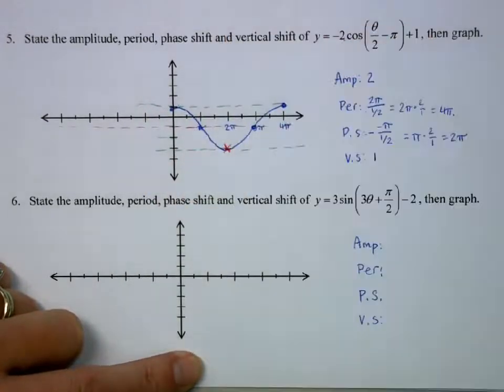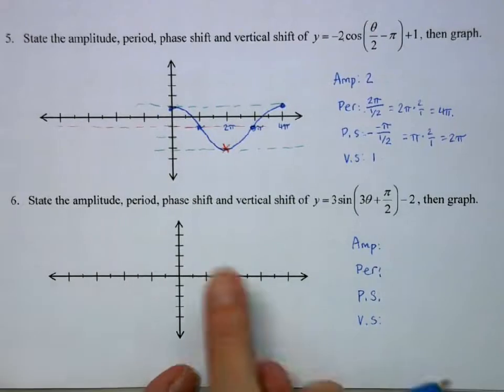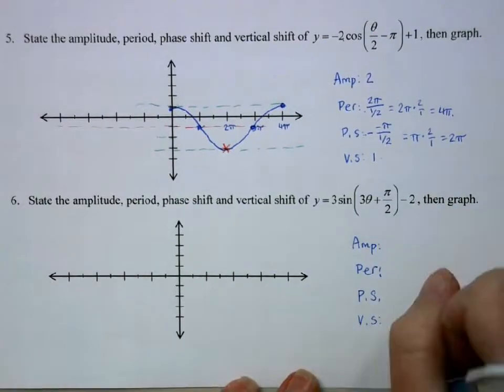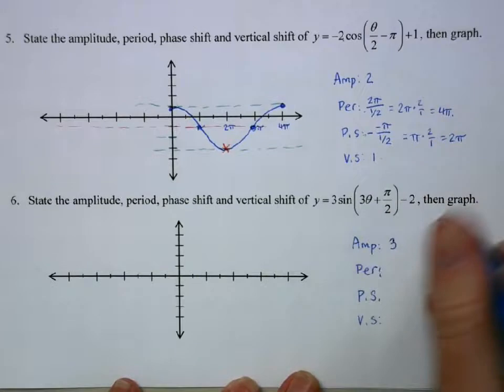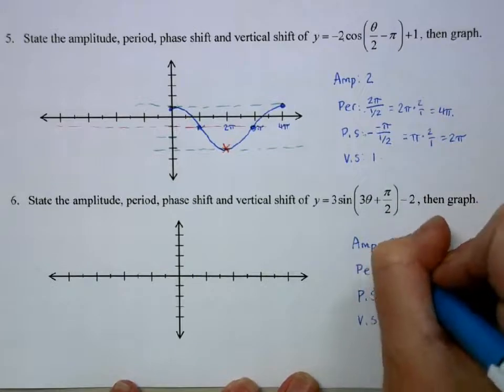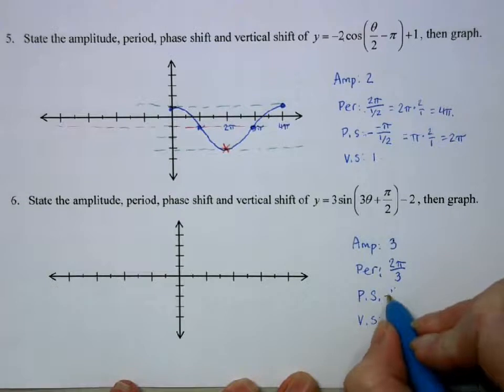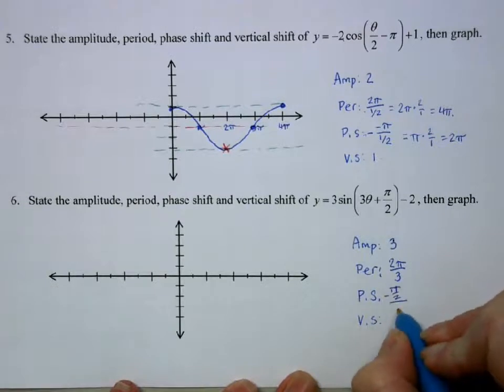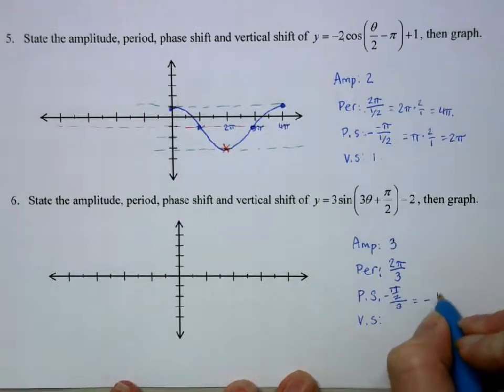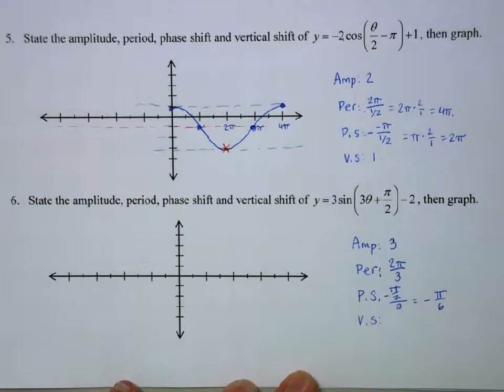Okay, this one, our amplitude is 3, the period is 2 pi over 3. We have a phase shift of negative pi over 2 over 3, which will be negative pi over 6, and a vertical shift of negative 2.